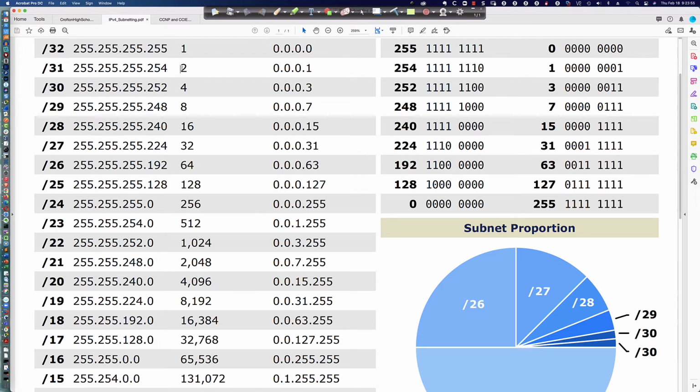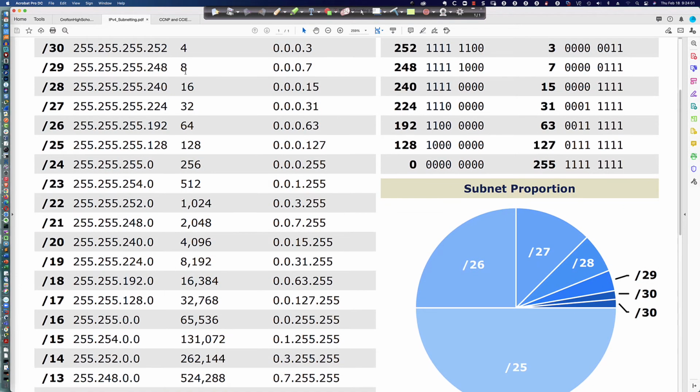For a /31, you get 2 usable addresses. Now, these are a little outside our scope right now, so let's focus on the 30 and below here, where we see a /30, we get 4 addresses, meaning, and from this point down, from the /30 down, we subtract 2 to get the usable number of host IPs.